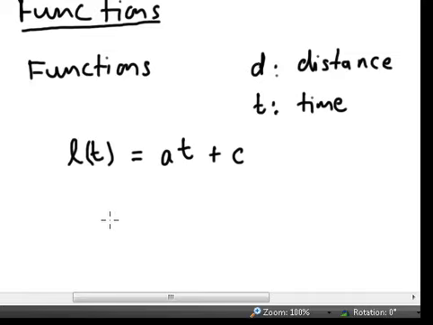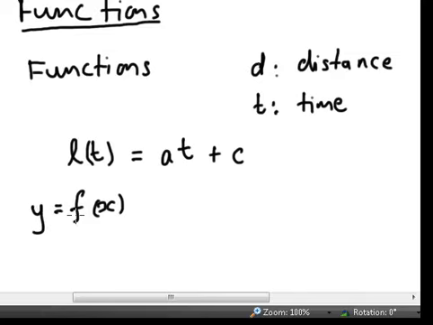We've just said if we're dealing with a function, there are variables involved. So one variable will be a function of the other. Normally in mathematics, we use the letter f for function. Then we say a function of x, and normally we use y.